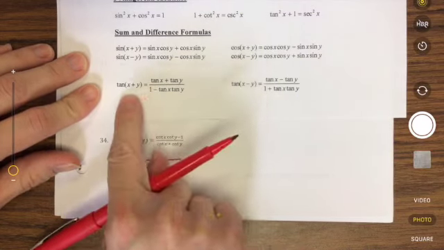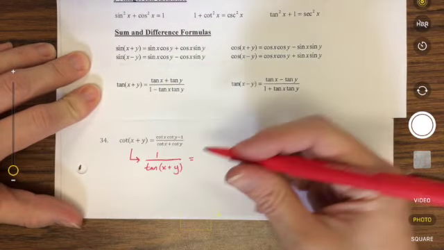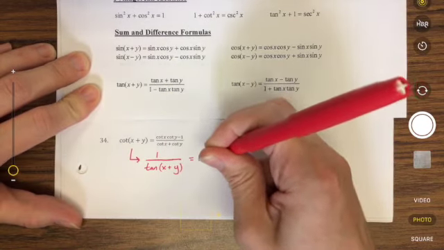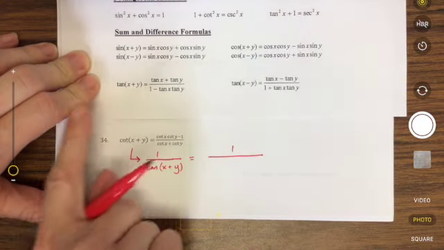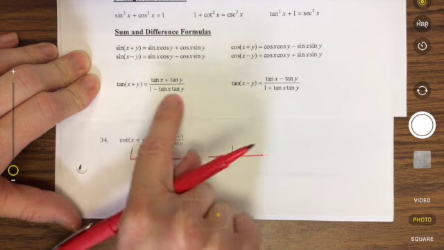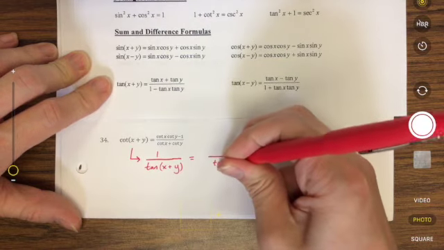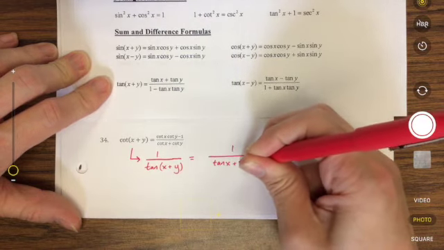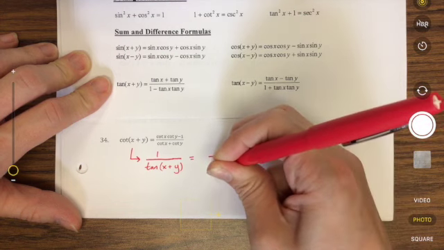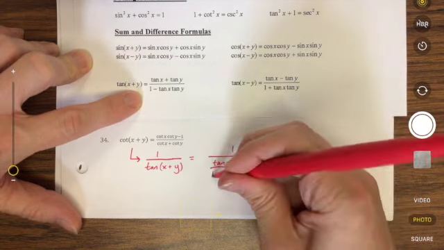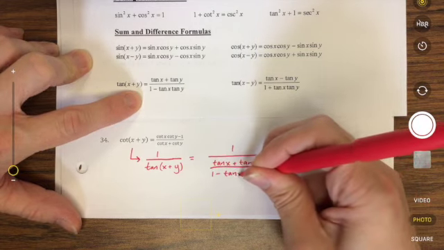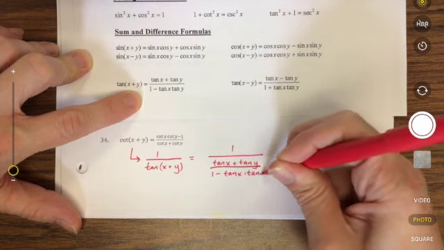So we're going to be using this formula here. I'm going to put this as 1 over, and then replace tangent of x plus y with this formula: tangent x plus tangent y all over 1 minus tangent x times tangent y.